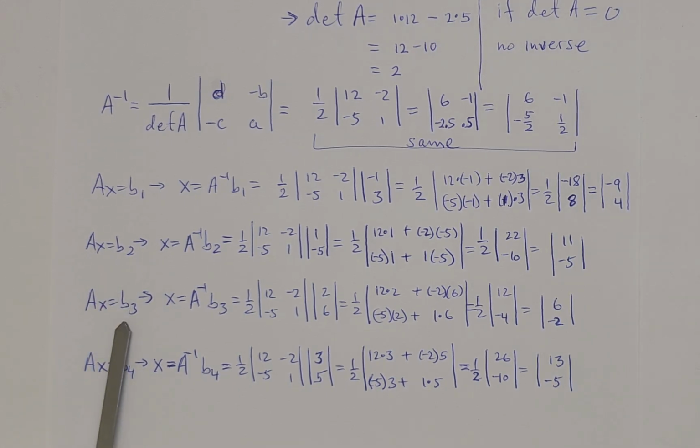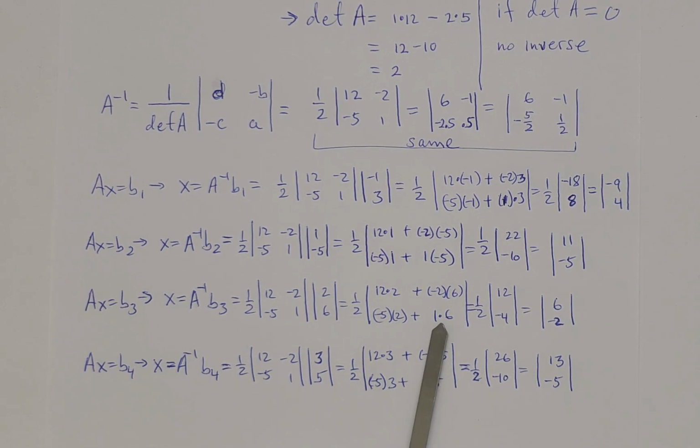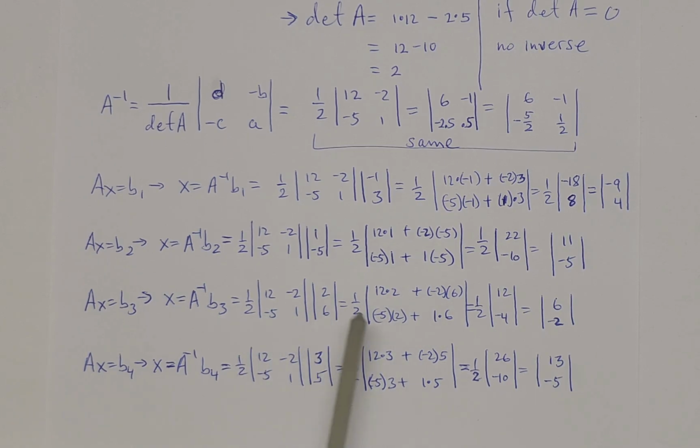Next, we do B3. Same procedure. We already know what our inverse is, which is here. This is our B3. First row, first column, second row, first column. So 12 times 2, plus negative 2 times 6, negative 5 times 2, plus 1 times 6.